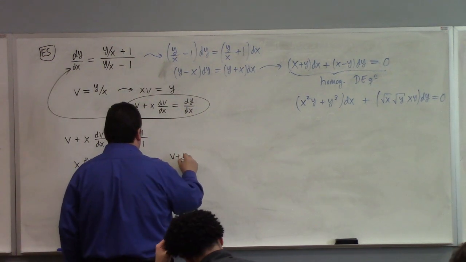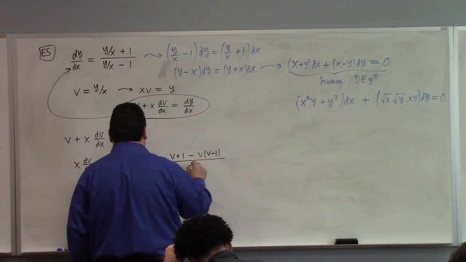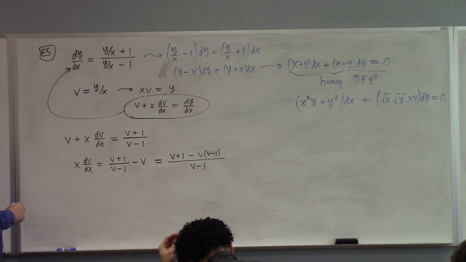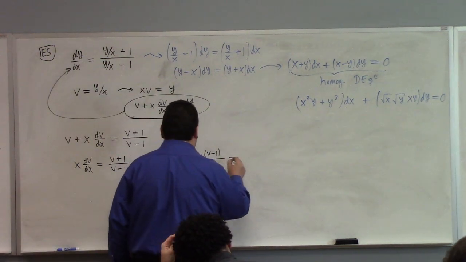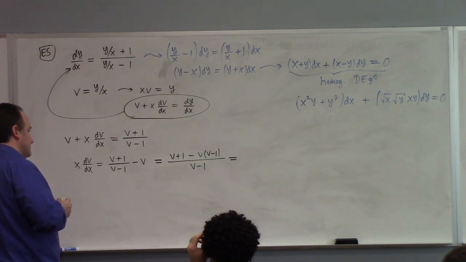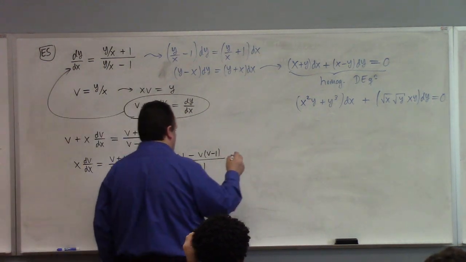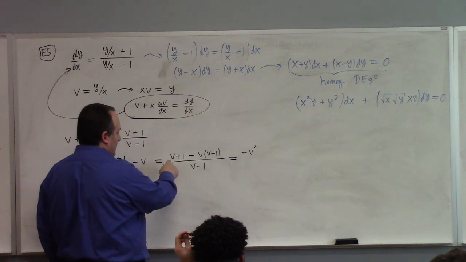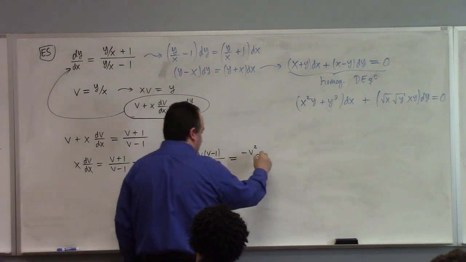Very good. So you are telling me to make a common denominator. And when I do that, what do I get? I get minus v squared. I get a plus v here. I get a plus v there, so I get a plus 2v.